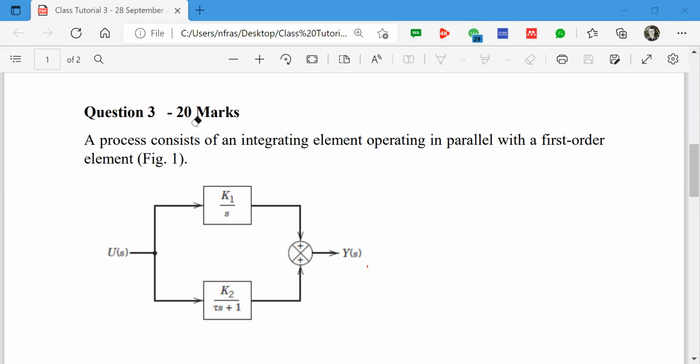So what you needed to do was to come up with an expression for G(s), given the information that you're given, and write it in standard form, the form that you're supposed to write the transfer function in, and then from there you can pick the order.